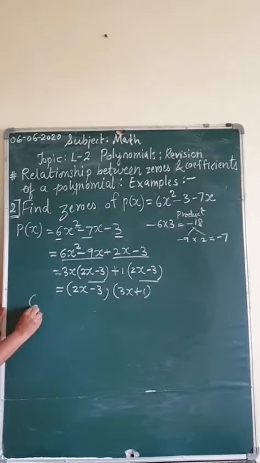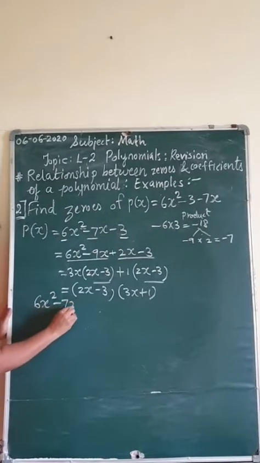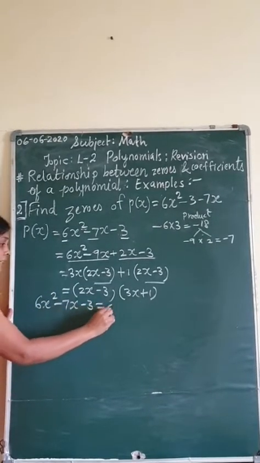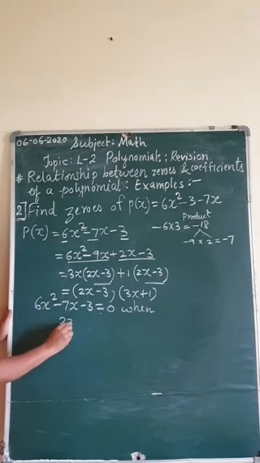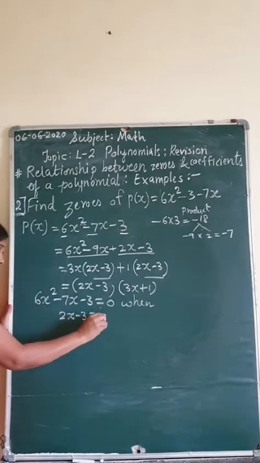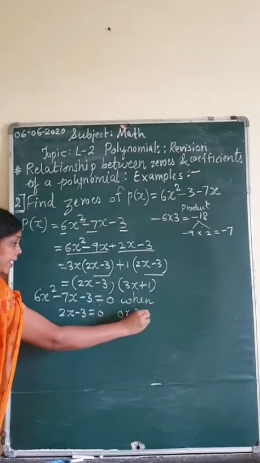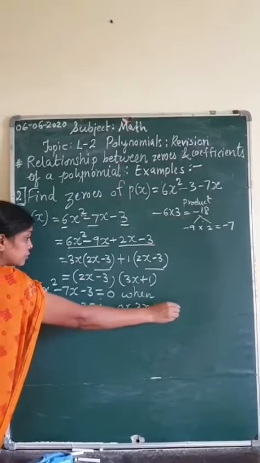When 6x square minus 7x minus 3 is equal to 0, we have either 2x minus 3 is equal to 0 or 3x plus 1 is equal to 0.